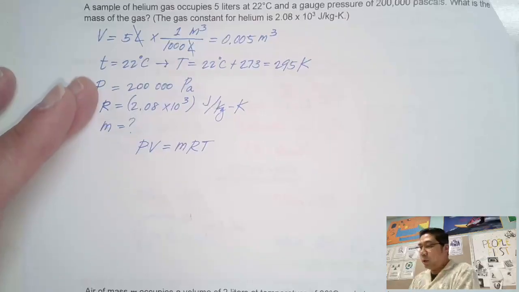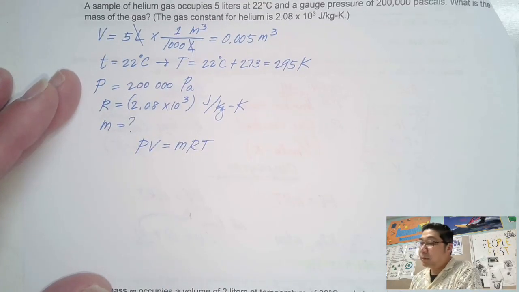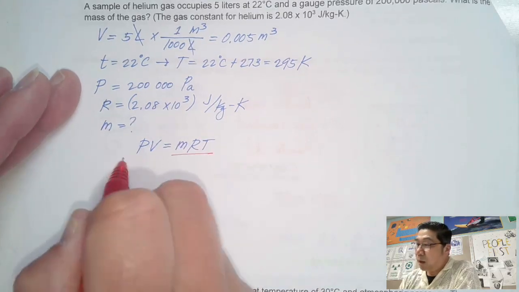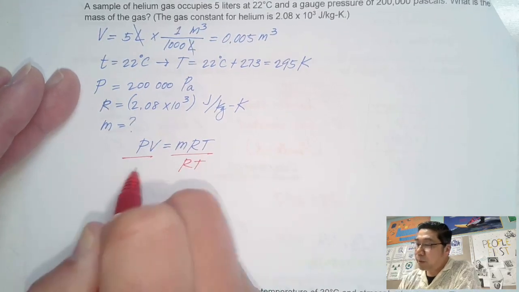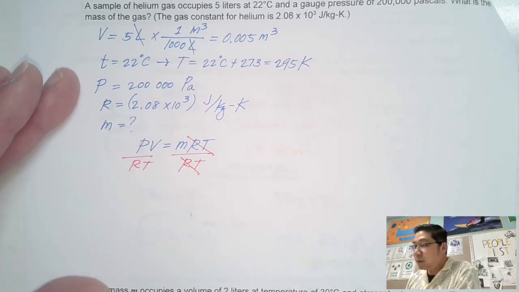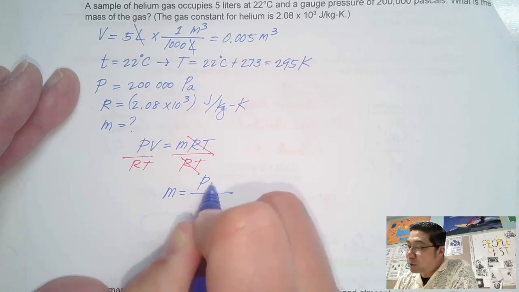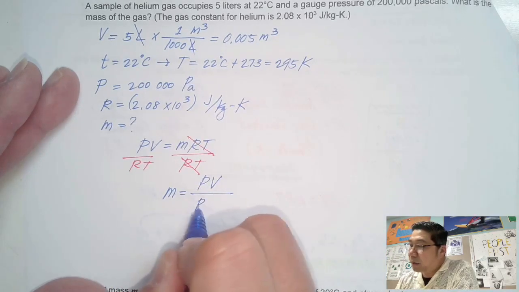I want to solve for m by itself, so I divide both sides by RT. RT cancels out on one side, so mass is equivalent to pressure times volume divided by RT.